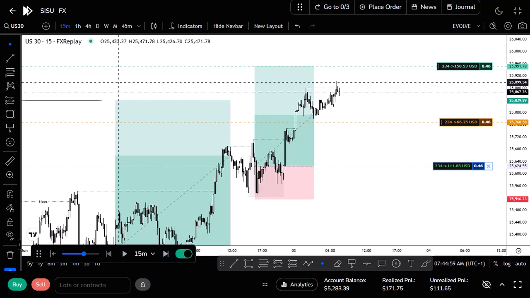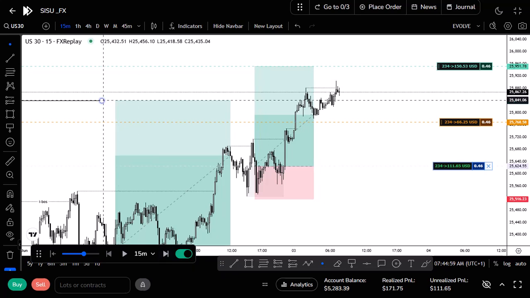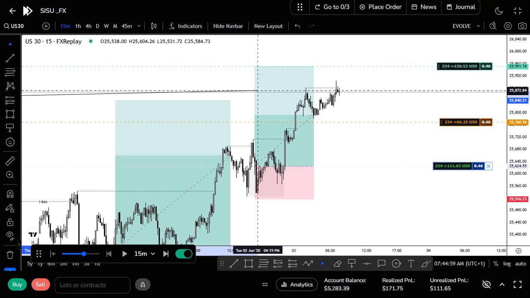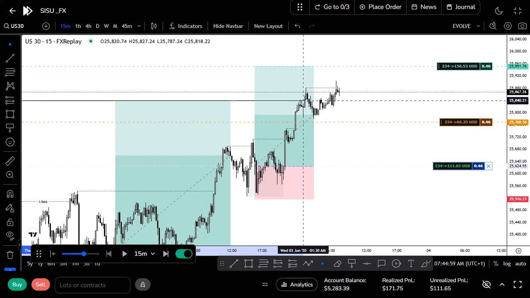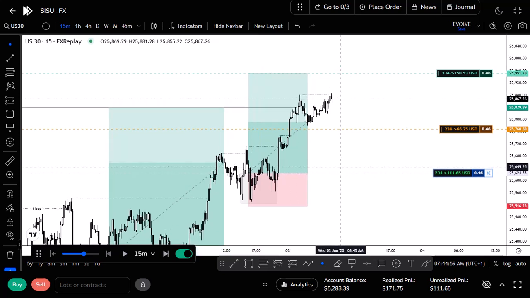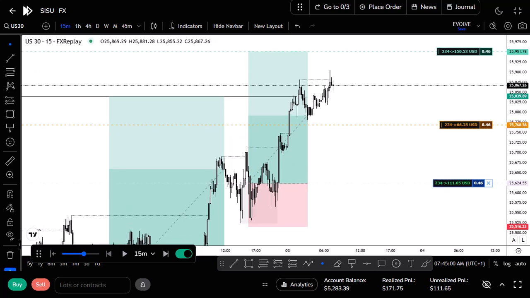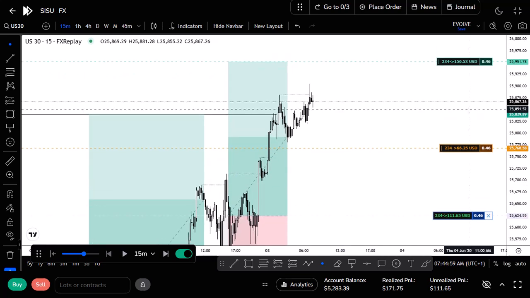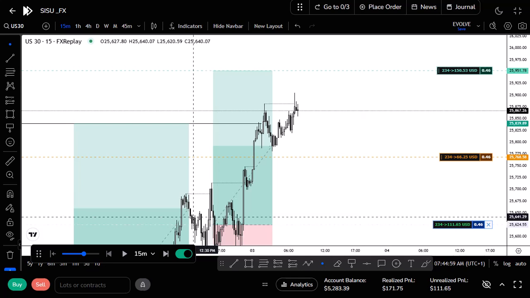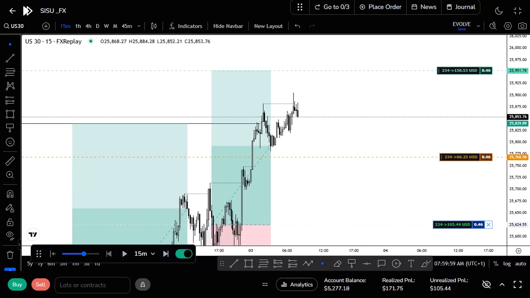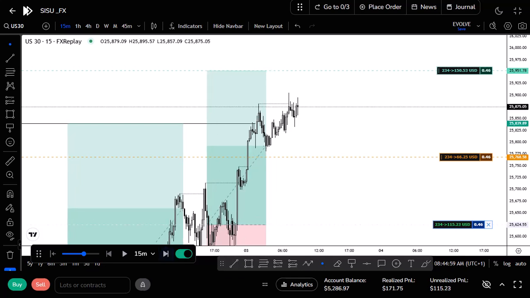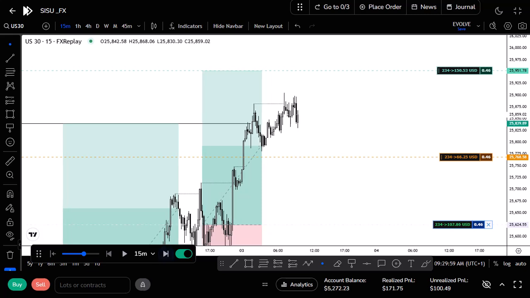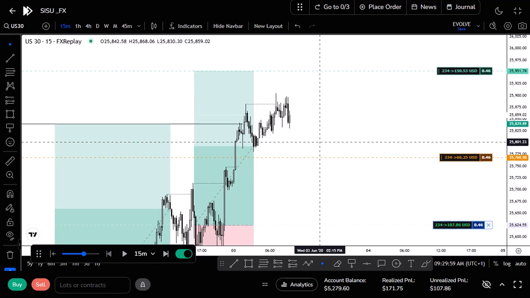Remember, price has already taken out this swing weak high, and after a break of structure, what do we expect? We expect a pullback. It can happen immediately or after, but after every break of structure, we expect a pullback to occur. So allow price to do its thing.